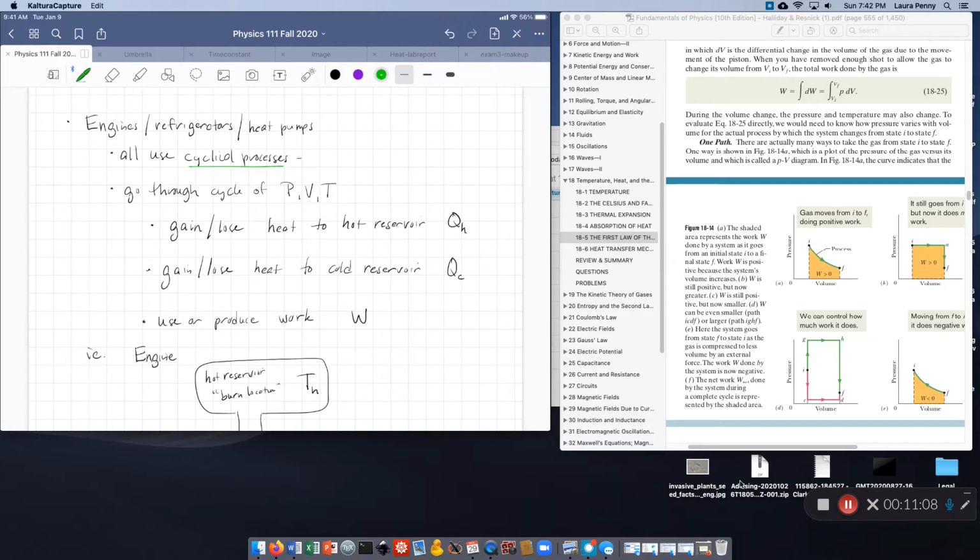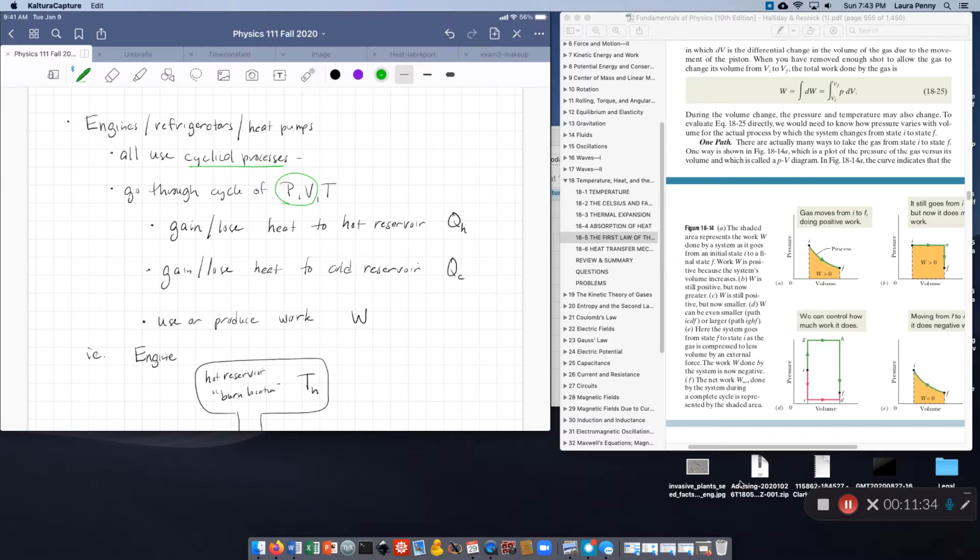So an engine has to cycle through, right? It goes over and does the same cycle over and over again, and your car just drives forward. Or a refrigerator does the same thing. A heat pump, anything like this, it goes through what we call a cyclical process. This is a cycle of pressures and volumes and temperatures that it repeats over and over again.